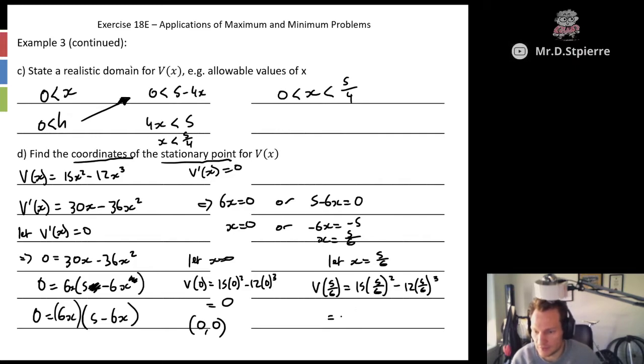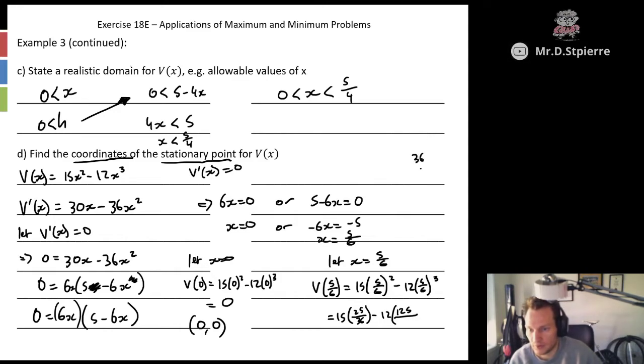That gives us 15 by 25 on 36 minus 12 by 5 times 5 times 5, which is 125, over 6 times 6 times 6.